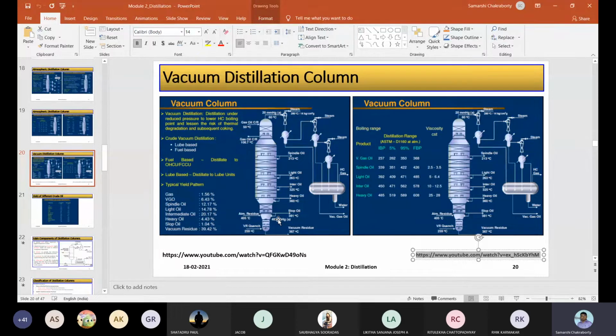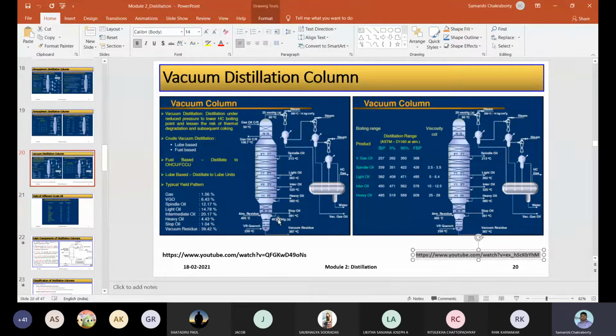Before I move on, let's discuss a little more about what happens if there is an adverse vapor flow condition inside our distillation unit, and what demerits can take place in terms of my product quality, and whether I would be able to produce more lighter products. That is also determined by the vapor flow within the system.